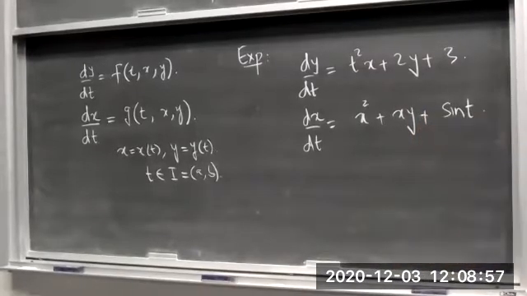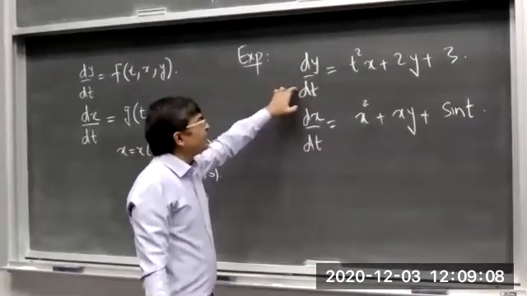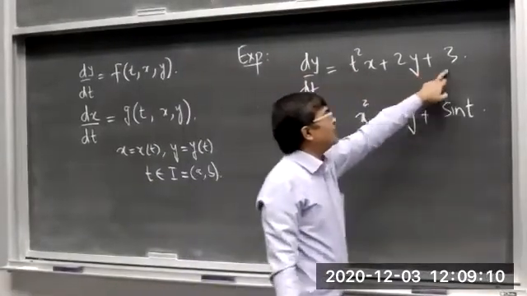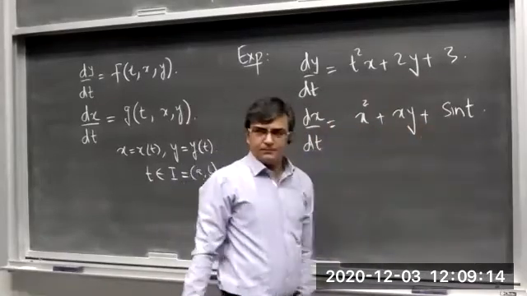So this is an example of a system of first order ODEs, and this system contains two first order ODEs: dy by dt equals t x square plus 2y plus 3, and dx by dt is equal to x square plus xy plus sine t.